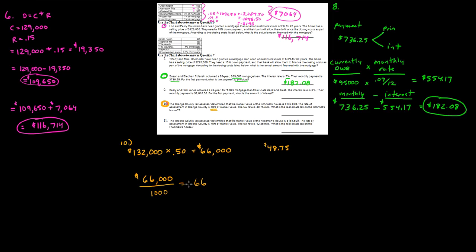So I'm going to get assessed on 66 thousands, and the mill rate is $48.75 per thousand, and there's 66 of them. So I go 66 times $48.75, and that gives me a grand total of $3,217.50 that I pay in property tax this year.